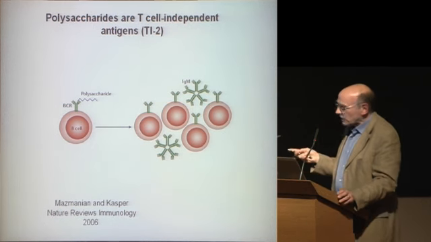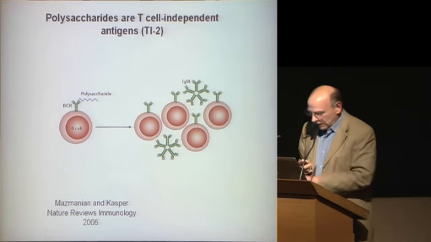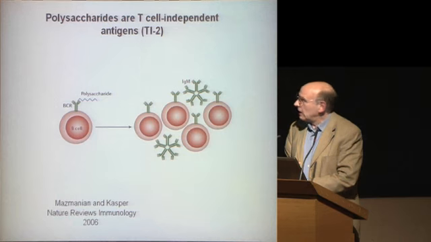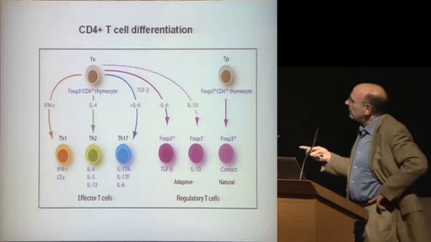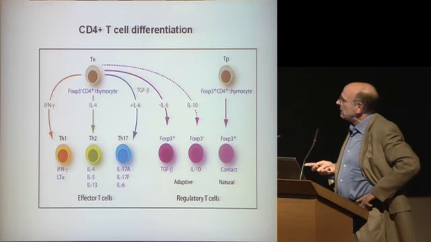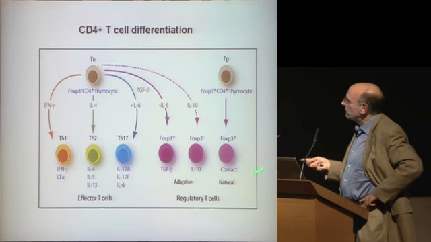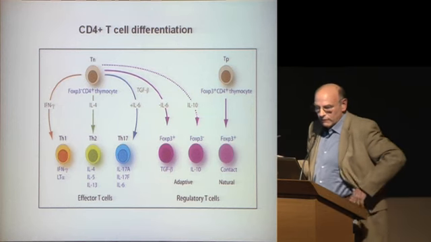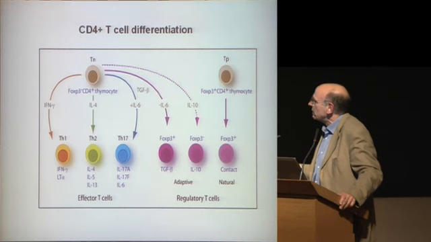What was interesting about polysaccharide A is it actually stimulated T cells, and it specifically stimulates CD4 T cells. And I think everyone's familiar with the various phenotypic markers of CD4 T cells and functional characteristics of the CD4 T cells.